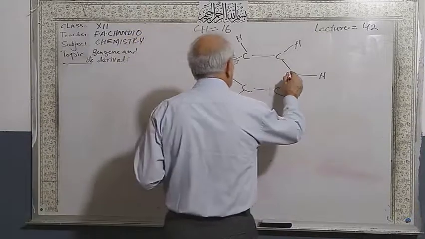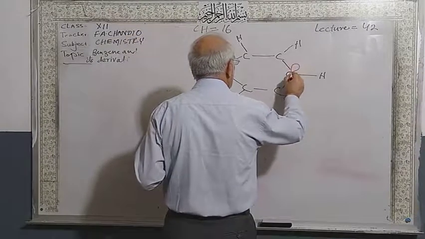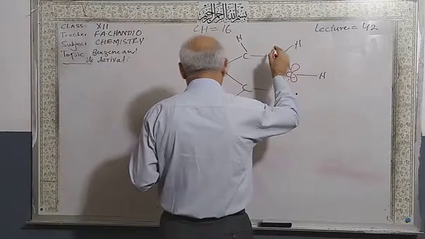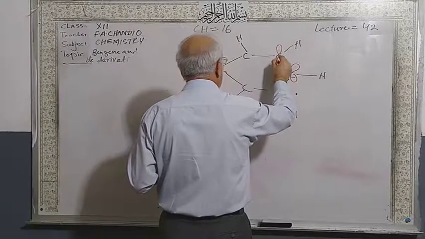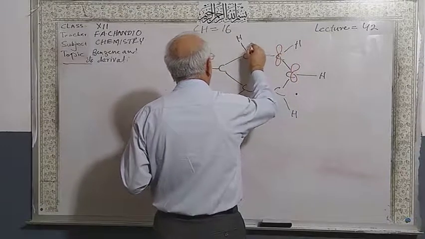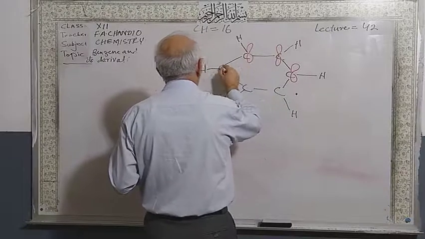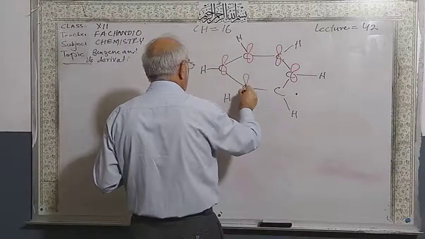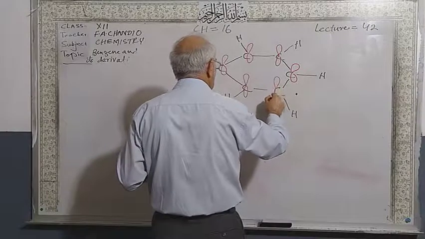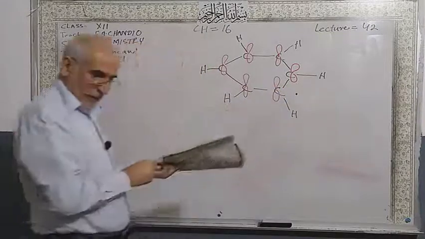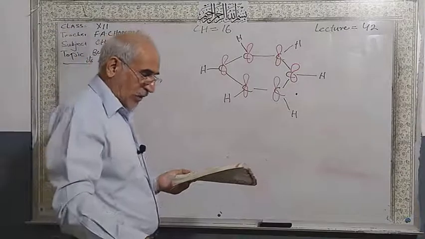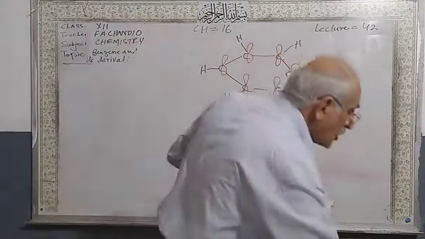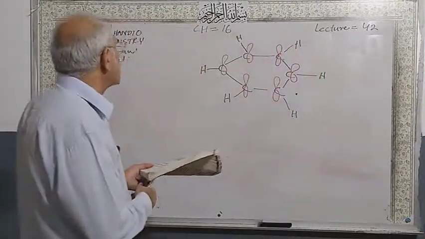This is the first 2pz, second 2pz, third 2pz, fourth 2pz, fifth 2pz, and sixth. There are 6 2pz atomic orbitals.